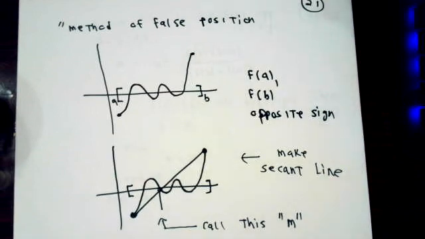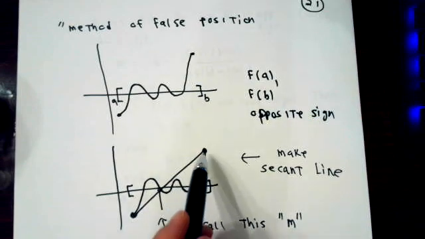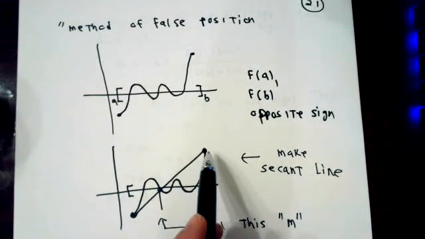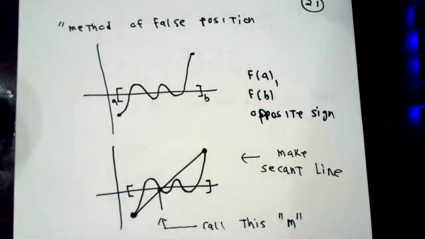Instead of picking the middle, draw the line that connects the ends, A comma f of A and B comma f of B. This cuts across the x-axis somewhere between A and B. And instead of using the midpoint, use the x-coordinate of the place where the thing cuts across the x-axis instead. This has the benefit of maintaining a bracket because I'm going to throw away the part that doesn't tell me anything and keep the part that does.